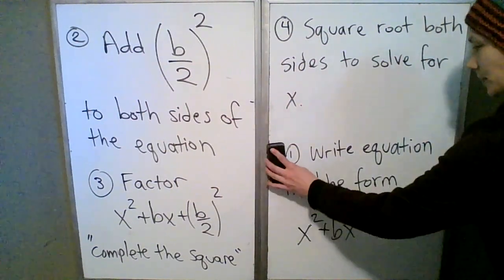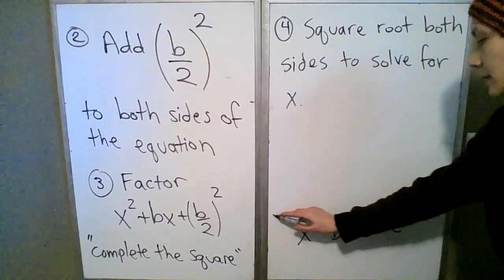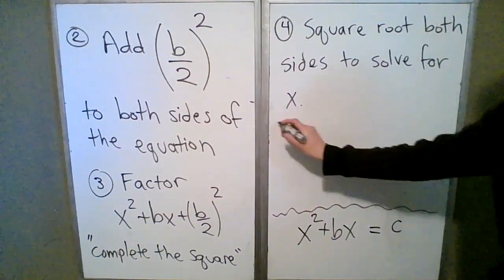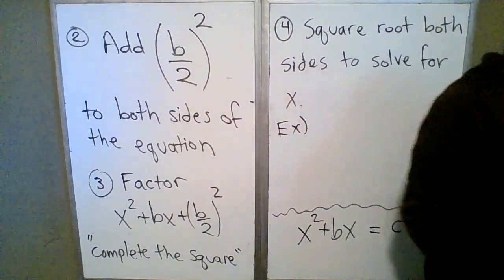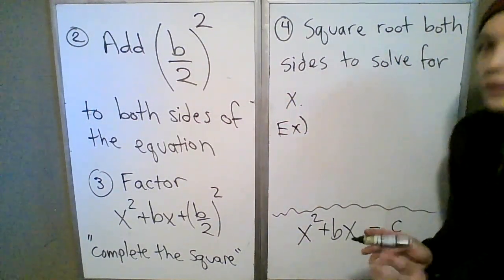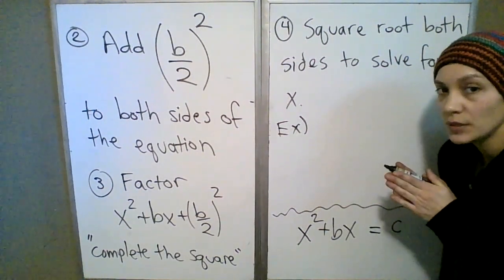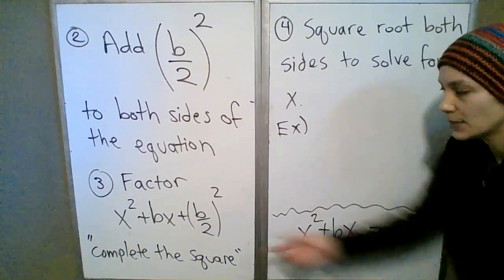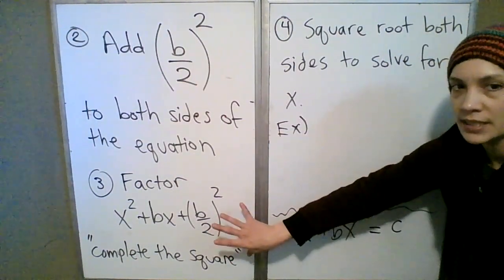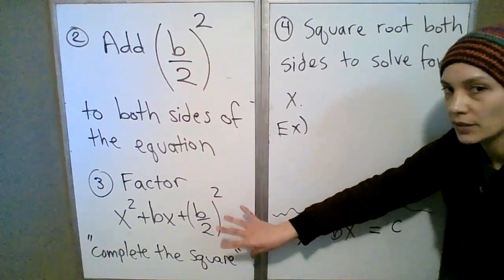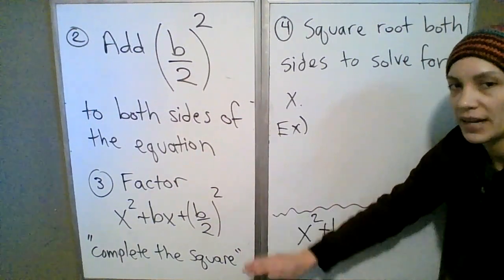Okay, so for the first couple of examples, all I'm going to do is take something that looks like this and factor it. So we're only working on step 3, and it's not solving or anything. It's just taking an expression and working on how to factor that expression.